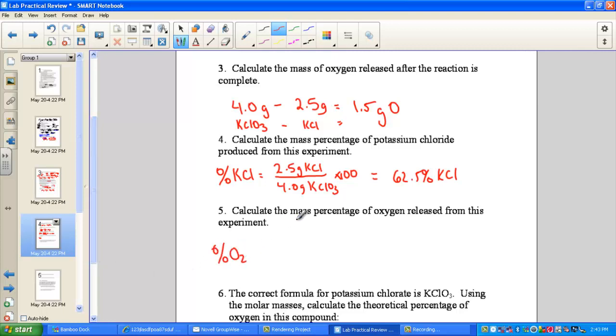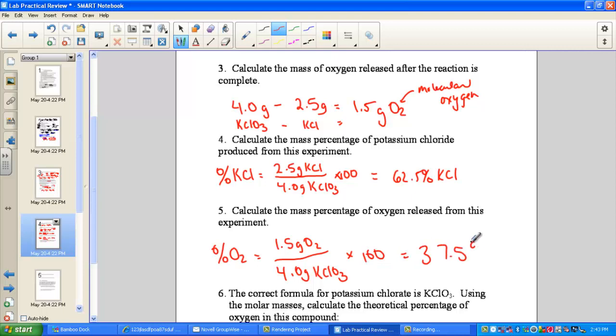Of course, then the molecular oxygen that left the tube, and I should have put O2 because this is molecular oxygen that's leaving, is no longer part of our compound. When it escapes as a gas, it goes to its molecular form. So the molecular oxygen escaping to the air weighed 1.5 grams out of that original mass of 4 grams, and expressed as a percent, it should be the difference of 100 minus 62.5, or 37.5% by mass oxygen.